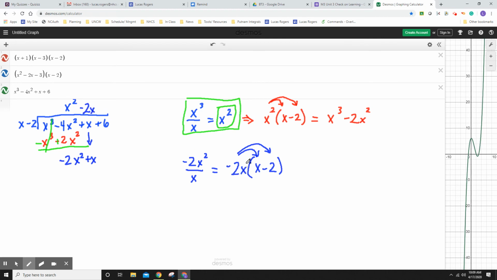So that comes from this solution here. Before we have all this distribution happening, we're going to take that answer that we got from this division and write it up above that term in the solution, in the quotient. And then we distribute it in to x minus 2, which gives us negative 2x squared plus 4x.